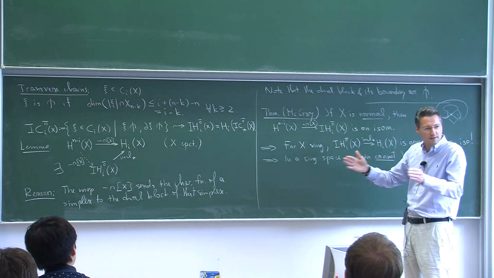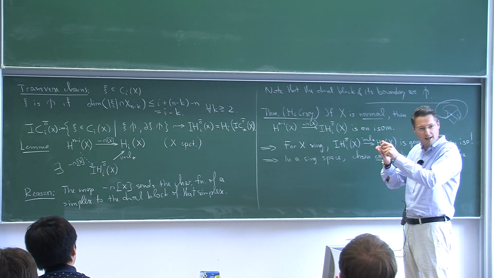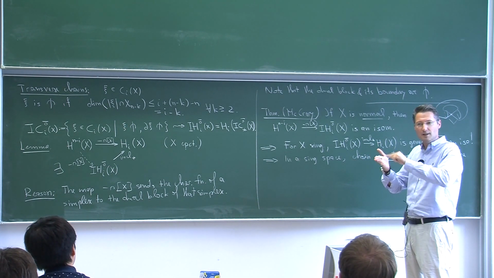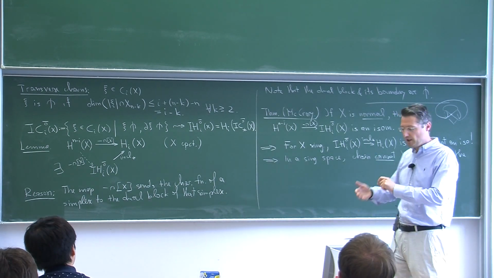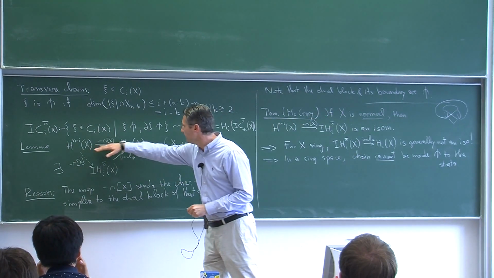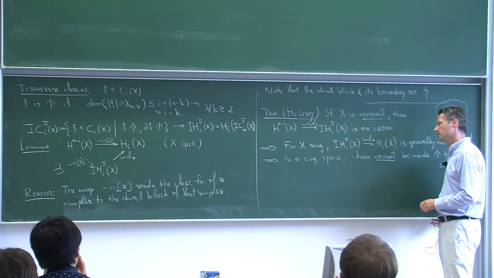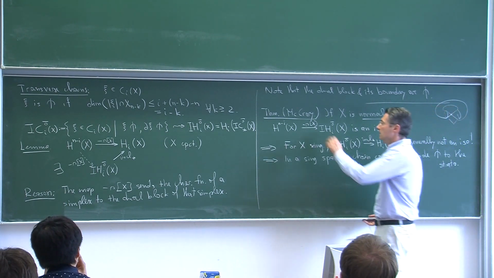And if you have filtered it through all of these parameters, you get a very detailed understanding of where exactly Poincare duality fails in this long factorization of this map, right? And this is what Goresky and MacPherson have done.